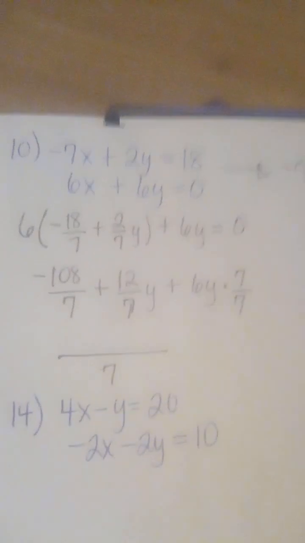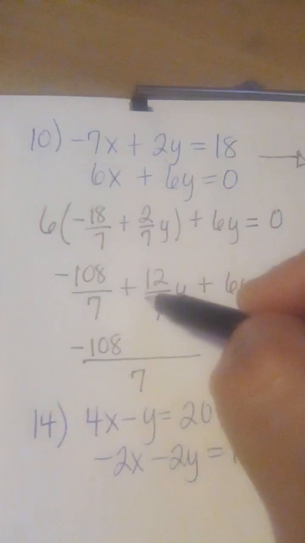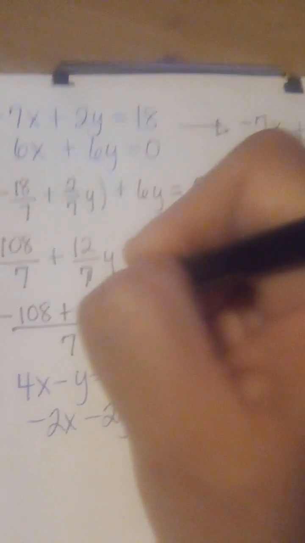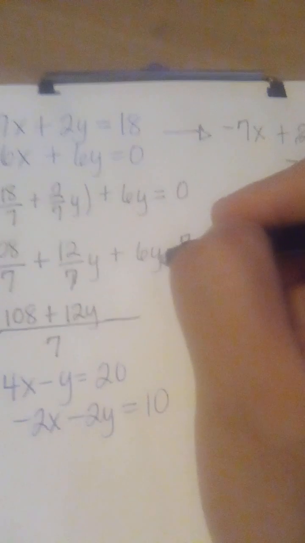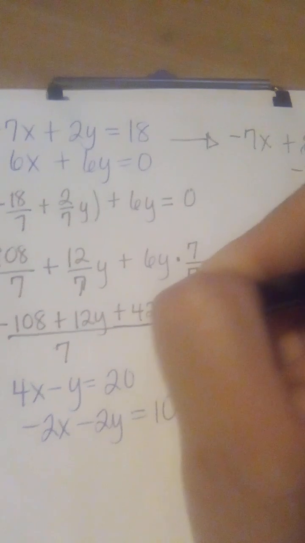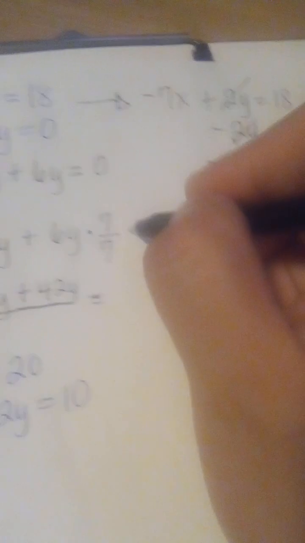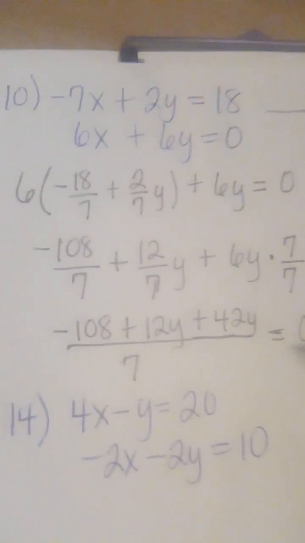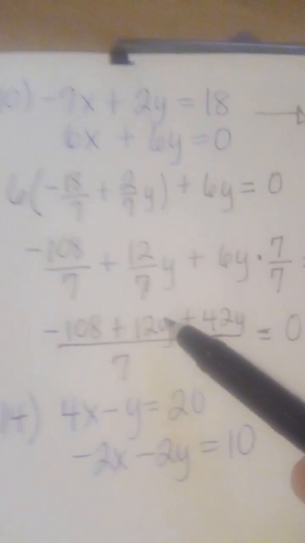Okay, watch. First part, negative 108. We got 12y, and then we have plus 42y equals 0. Then we could combine like terms, right?